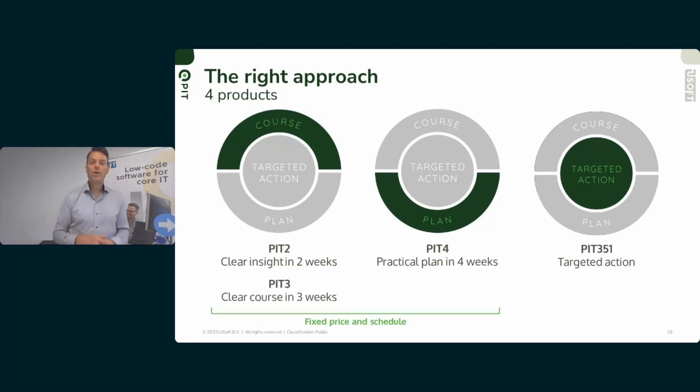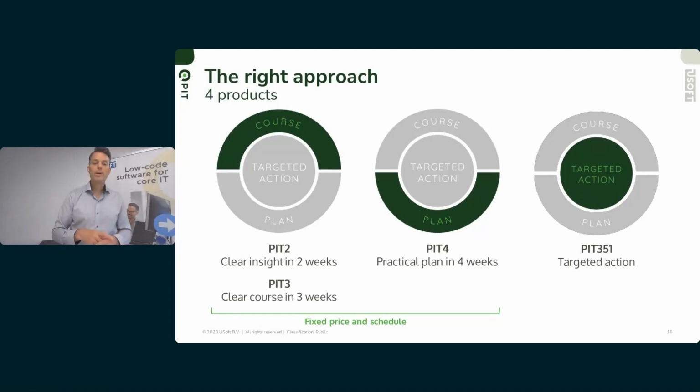Now, for this approach, based on these 3 pillars, we formulated 4 products we deliver as PIT. We call it PIT 2. PIT 2 delivers a clear insight in just 2 weeks. We deliver a clear course during PIT 3. We do it in 3 weeks. And in PIT 4, we create a practical plan.